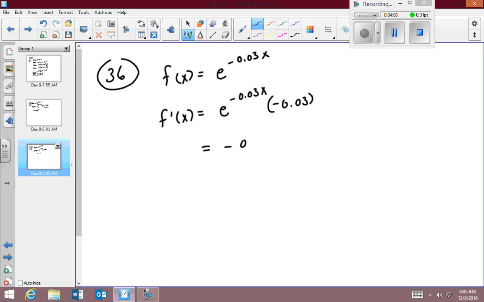So negative 0.03 e to the minus 0.03x. And we check that with what they say, and we're in agreement. They've written it this way, so it's correct.